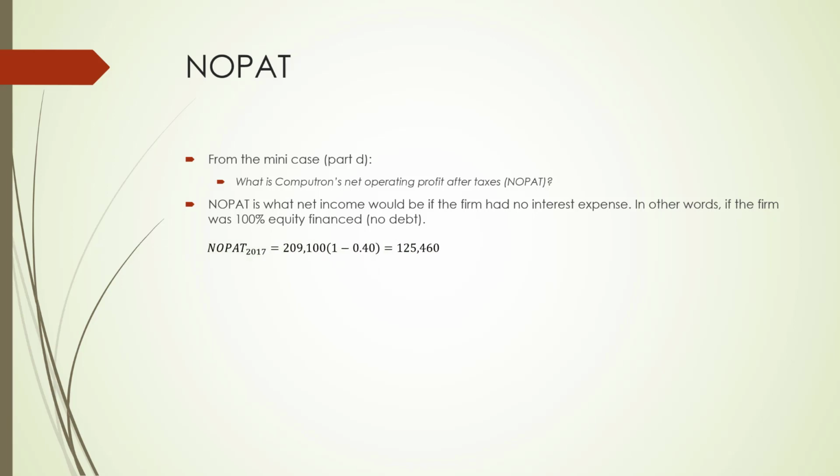And if you go back and you look at the income statement, you'll see that EBIT in 2017 was $209,100, and they told us that the tax rate was 40%, so that gives us NOPAT of $125,460. The same calculation for 2018 gives us NOPAT of $10,464. So NOPAT fell by quite a lot in 2018 compared to 2017.